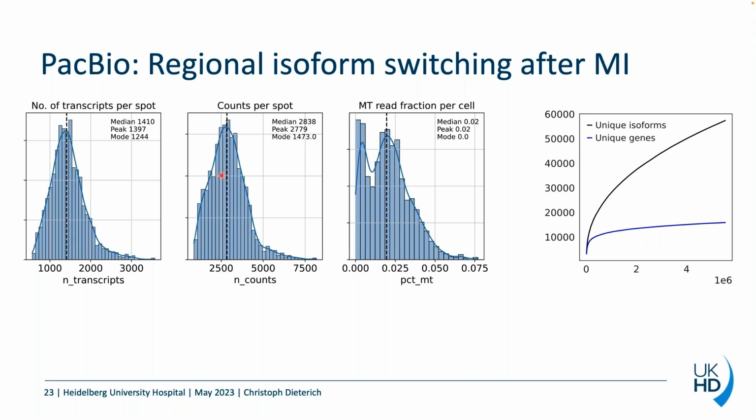Mitochondrial read content is another interesting aspect of cardiovascular research, because cardiomyocytes are the powerhouses of the heart, and they typically express a great number of mitochondria. That's also what you see: a lot of the reads end up on the mitochondrial genome. On the right-hand side, you see typical saturation plots showing how many genes were identified, close to 13,000, and how they fall into unique isoforms.